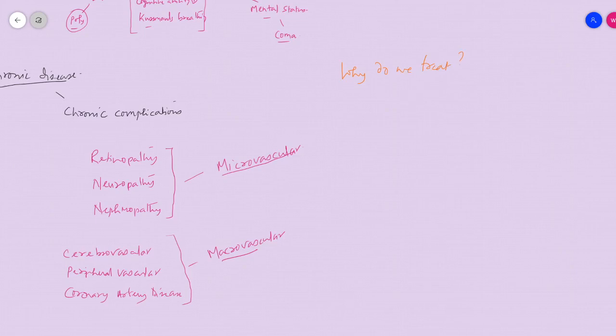That would be a better question. Why should we bother? Because we want to prevent acute complications, and we want to prevent chronic complications.